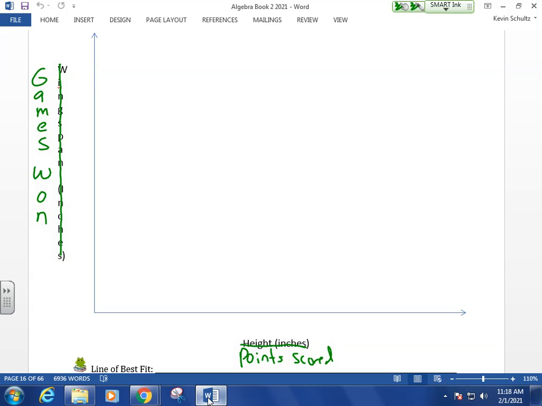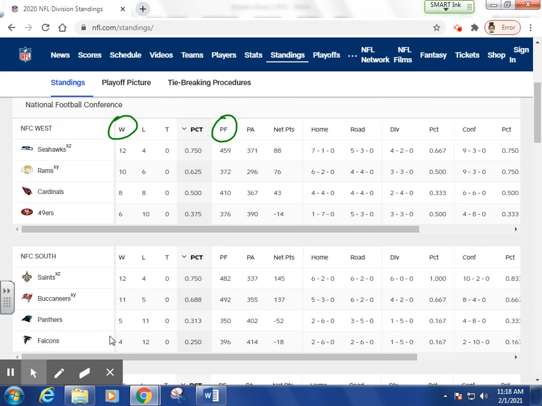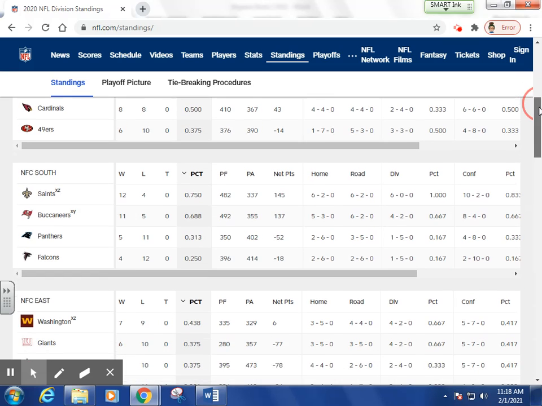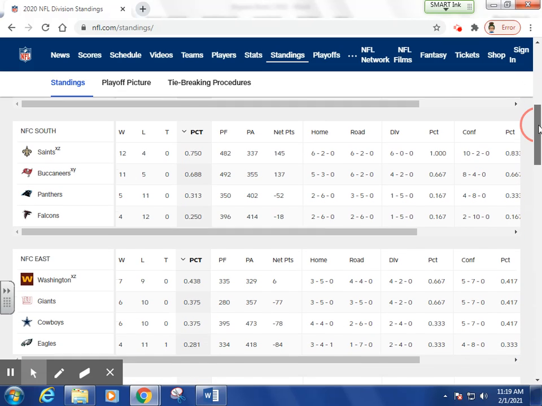All right. Now we have to put some units here. So when we go back to our data and look down the line of points for that PF column, tell me what you see the lowest and highest numbers are as we scroll through that points for column. Lowest and highest. Pick them out.